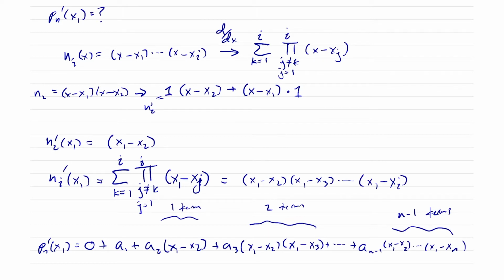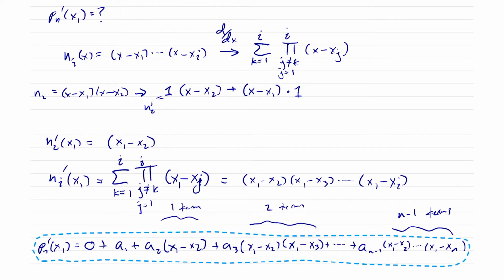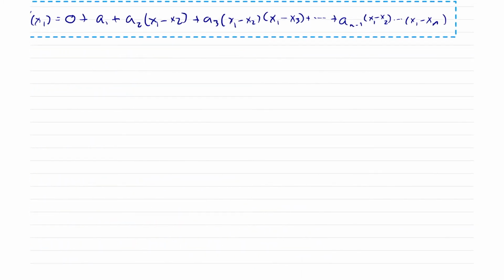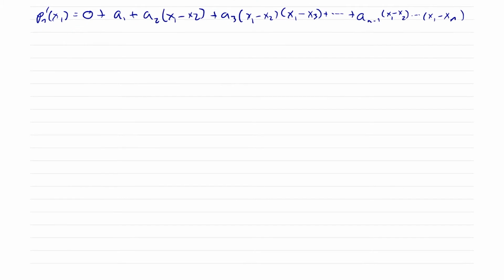So pulling this back, let's just take this guy with us. The idea is that Pn prime at x1 should be close to f prime at x1.